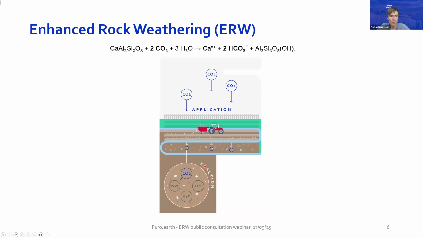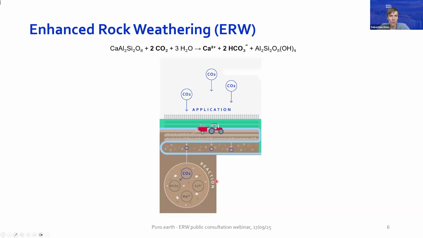But to get to the core of the technology, we have here an example of weathering of an exemplified silicate mineral that reacts with, in this equation, CO2, but really carbonic acid, to create bicarbonate anions as well as cations, so positively charged ions like calcium and magnesium, which we also see down here in the sketch.